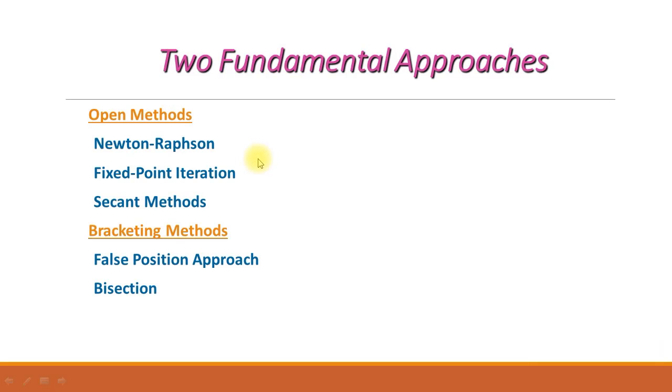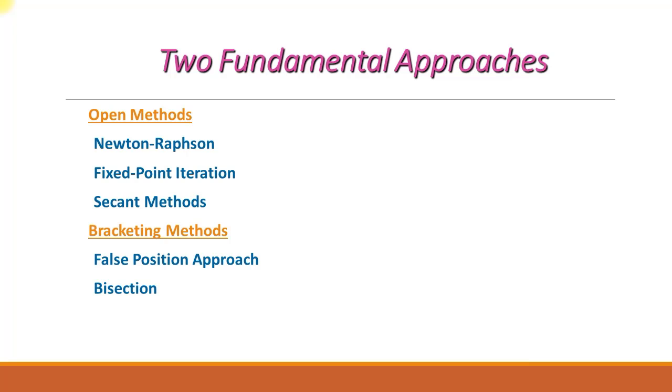Now dear students, I have already told you in the previous lecture that there are two fundamental approaches for finding the roots of nonlinear algebraic equations. The first approach is open methods. In the open methods approach, there are methods like the Newton-Raphson method, fixed point iteration method, and secant method.